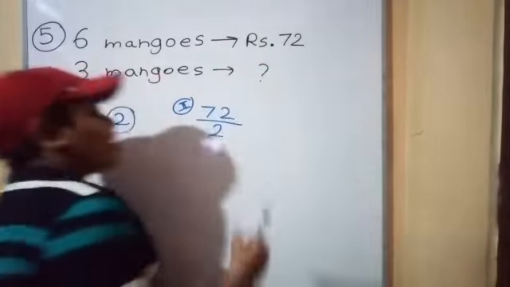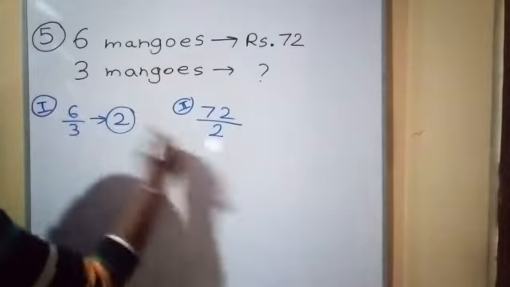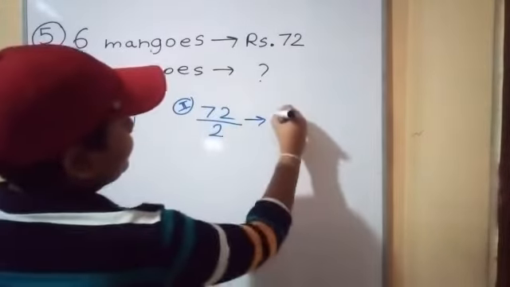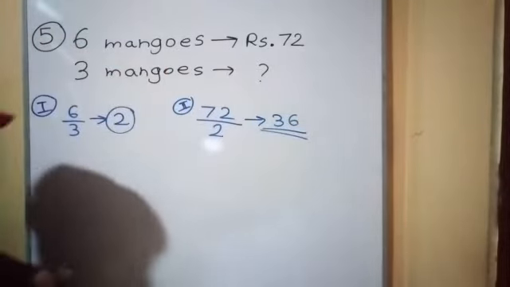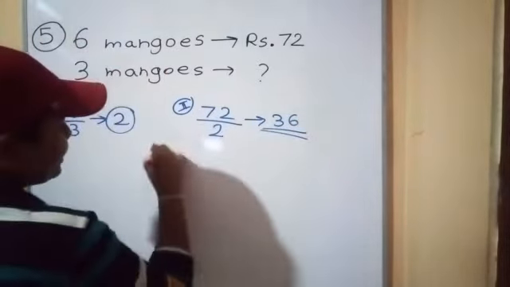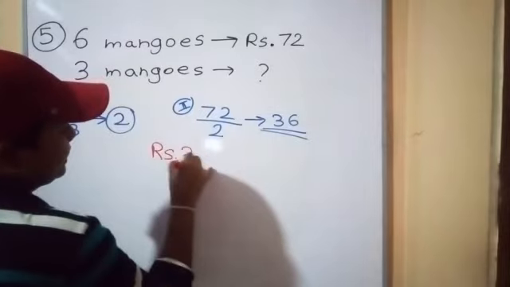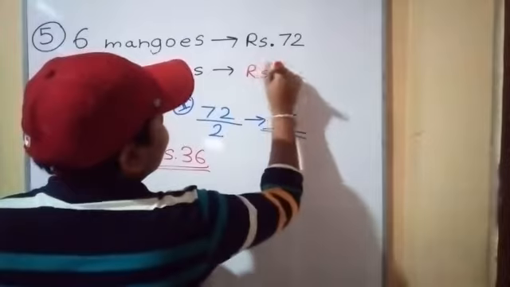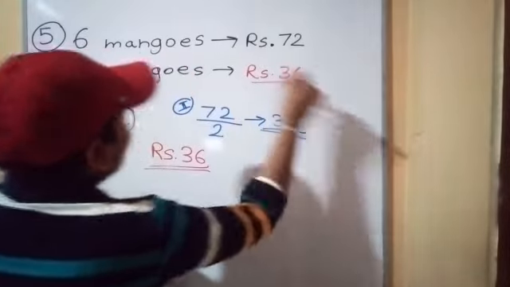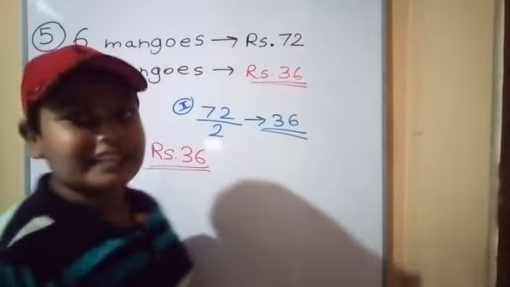Very easy, no? What's the answer? 36. So the price of 3 mangoes is 36 rupees.